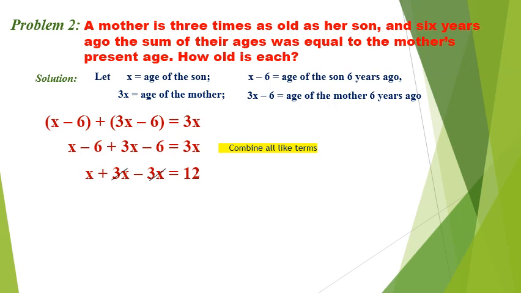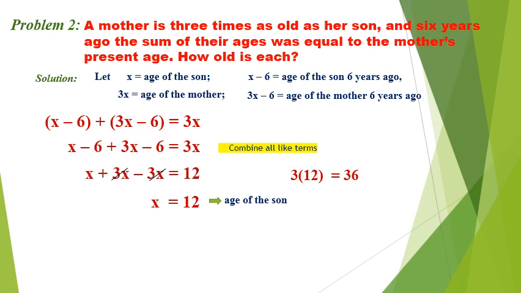And from this, we will cancel these terms. Positive 3x minus 3x is equal to 0. So we will now have x and 12. And the final answer is x is equal to 12. 12 is the age of the son in the present.